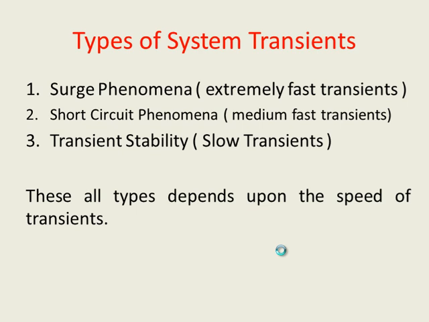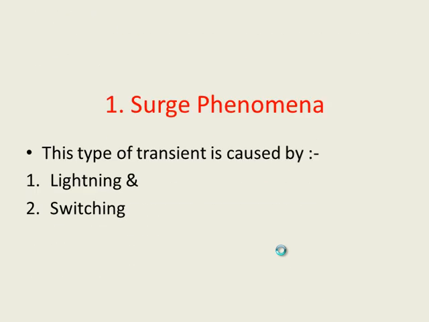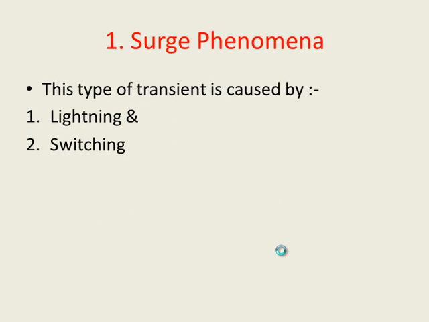We are going to discuss them in detail, as all these types depend upon the speed of transients, as has already been told to you. So let us move to the first one, surge phenomena.